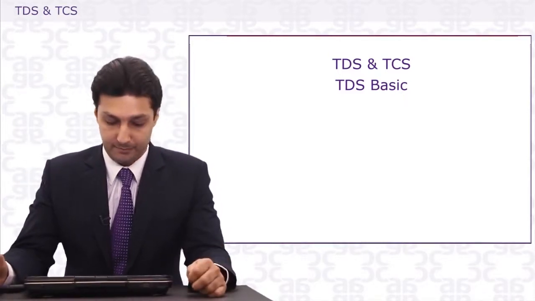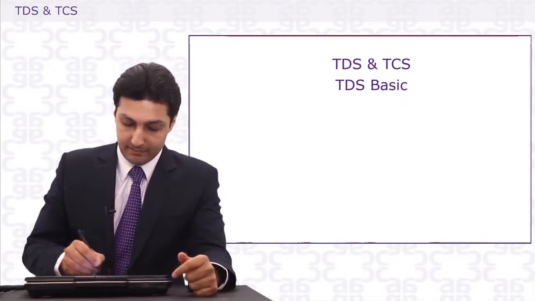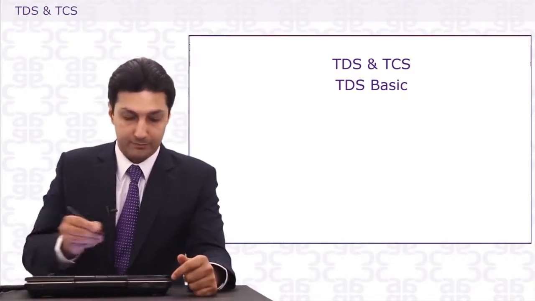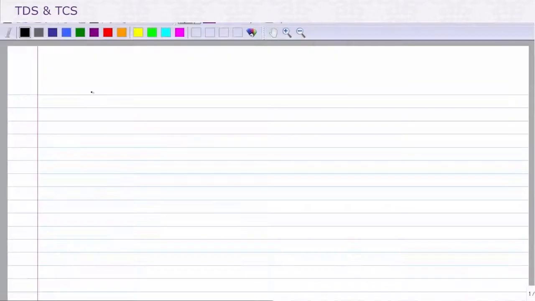But to start with, when do I pay my tax? Well, as a simple rule, I pay my tax when I file my return. That means all throughout the year, I am earning income.